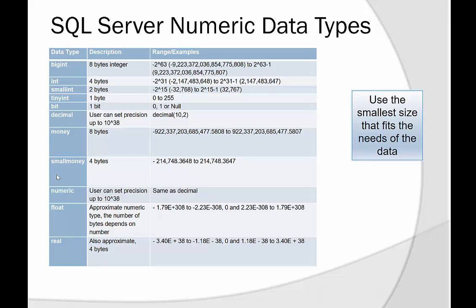So let me give an example. If I needed to store the number of students enrolled in a certain class, tinyint is more than adequate because the range is from 0 to 255. However, if I needed to store the number of students enrolled at the college, I might have to consider smallint.